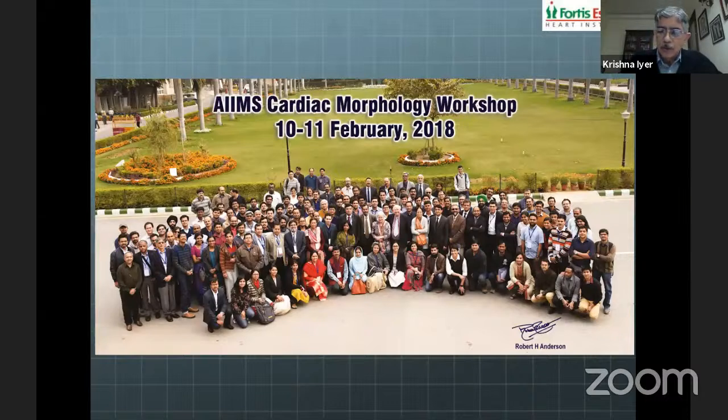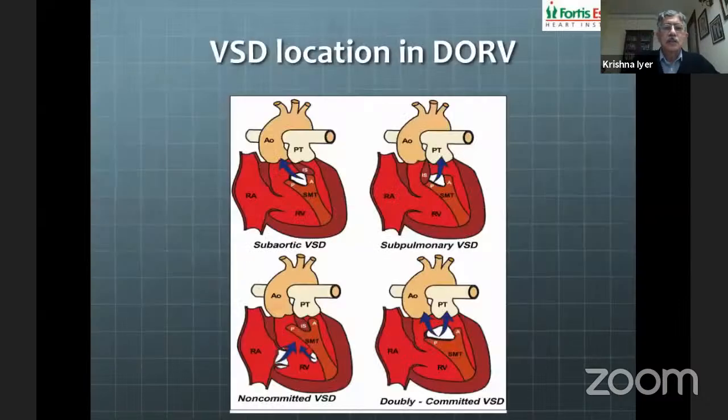During the discussions there, especially on double outlet right ventricle, he mentioned that in situations of double outlet right ventricle with a ventricular septal defect committed to both arteries, usually the outlet septum was rudimentary or fibrous in nature, which allowed the ventricular septal defect to be committed to both of the great arteries.